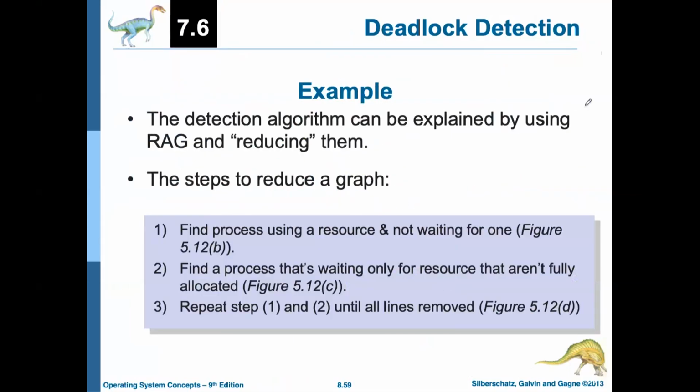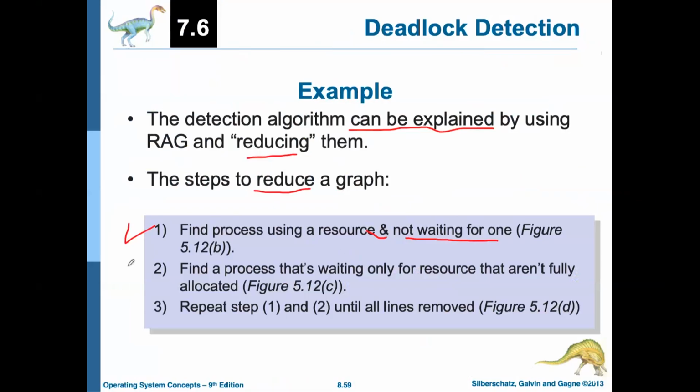Example: the detection algorithm can be explained by using RAG, the resource allocation graph, and reducing it. The steps to reduce a graph: first, find a process using a resource and not waiting for one, which is referred to in figure 5.12b.